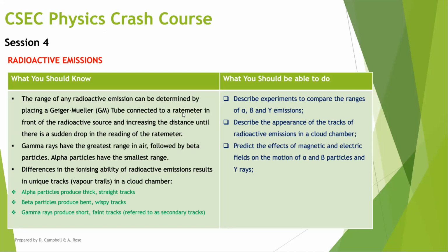If you want to find out the range of alpha, beta, or gamma radiation, you could have the tube placed in front of the radioactive source, observe the reading on the rate meter, and then move the tube further and further away from the source until there is a sudden drop in the reading.